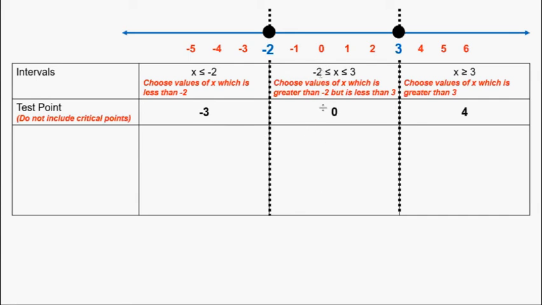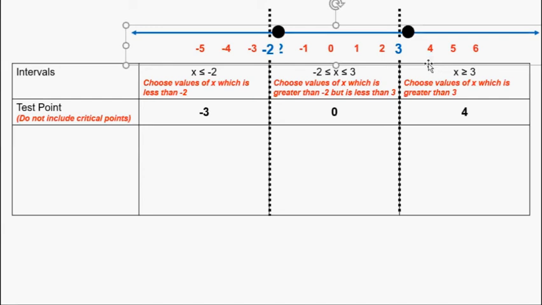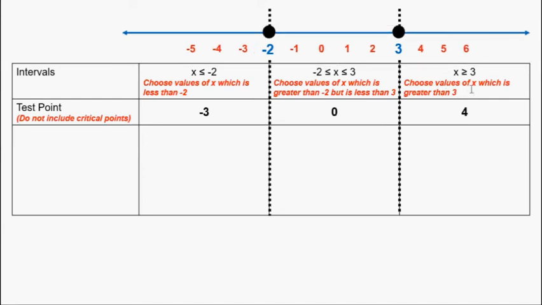Dito naman sa interval na to, kahit anong number na nasa pagitan ng -2 at 3, so ang napili natin ay 0. Kapag ako, lagi kong pinipili ang 0. Okay? Next naman, sa interval na to, ayan, kahit anong mas mataas pa na number kaysa sa +3. Siyempre, dito, 4.